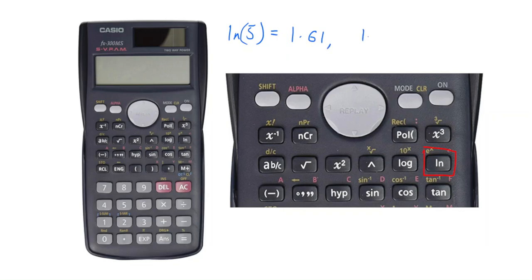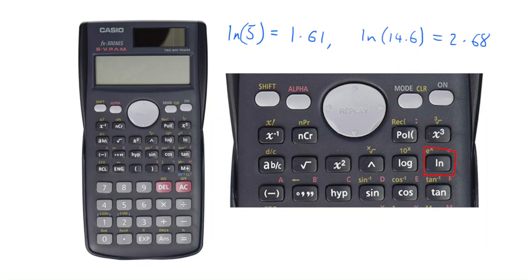For another example, let's say we want to do ln of 14.6. It's a random example. Punch that into your calculator, hit ln, hit 14.6, hit equals, and I get 2.68.